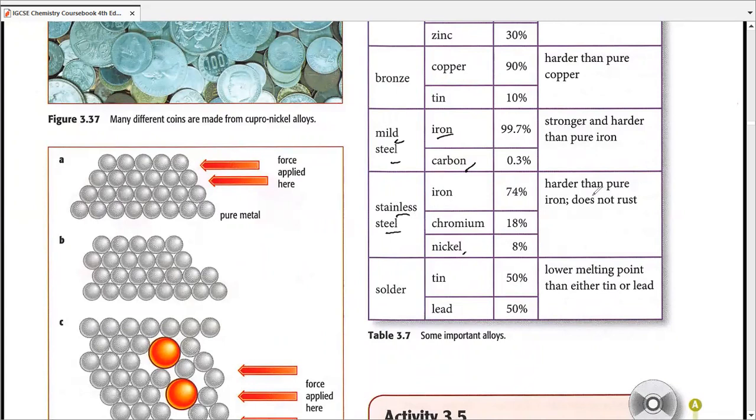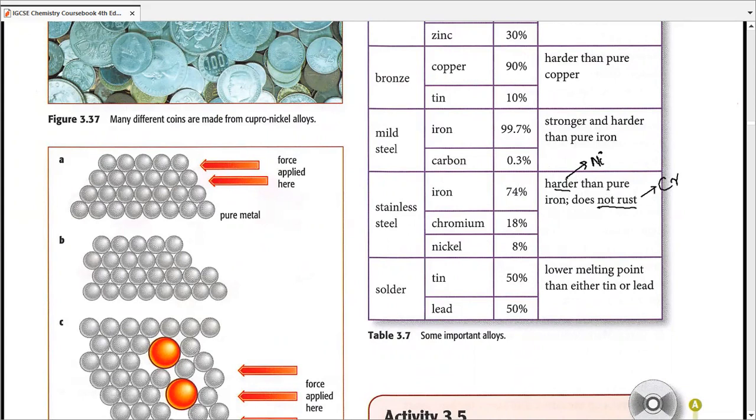Nickel gives it hardness, and chromium gives it the property to resist rust. So both the elements play their own part. Try to keep that in mind. If possible, mention that this property is because of nickel and this property is because of chromium. That's a good way to remember it.